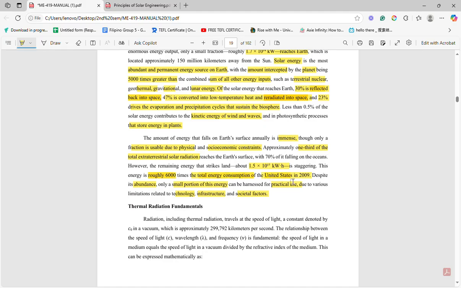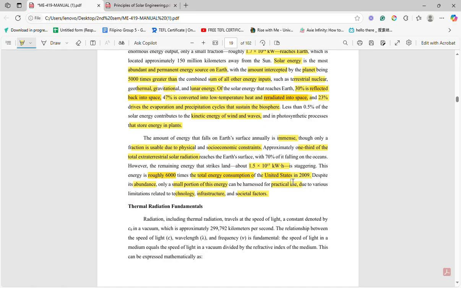So imagine 6,000 times, and the US is a first world country, so they consume a lot of energy a year. Imagine having 6,000 times of that the sun can provide to us. If we have proper technologies, then that would suffice our needs.